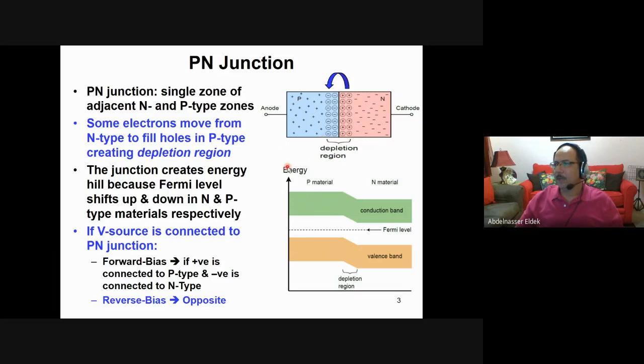So imagine now that we apply a certain voltage on this PN junction. What happens if we have, for example, a positive voltage here and negative voltage here, or the opposite? This is what we will see in the next slide.